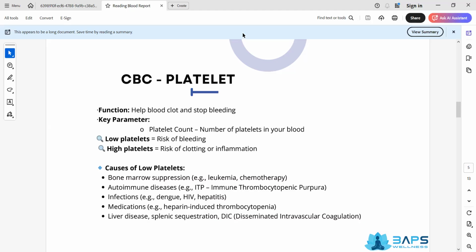If that is not properly handled in the liver because of liver issues, then the bilirubin will be more. And the bilirubin is also handled in the gut, urobilinogen. We will see that in the urine report.